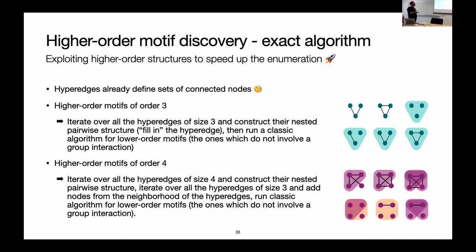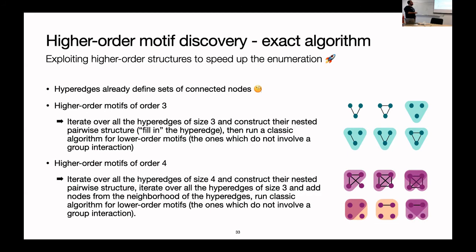So an idea one could have is to iterate over all the hyperedges of size 3 and fill them in, meaning we just construct the nested pairwise structure by adding pairwise links. We don't run a really expensive algorithm; we just iterate over the edges and pay a cost linear in the number of edges.